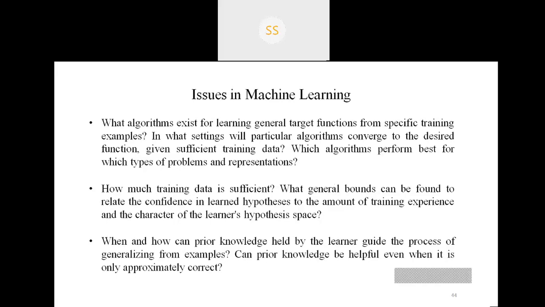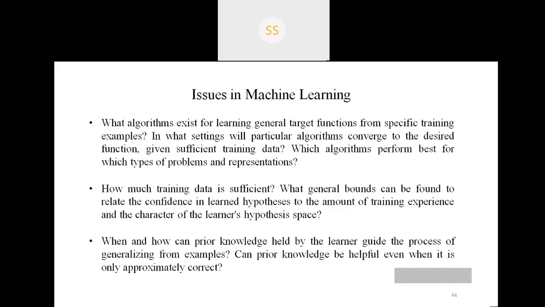The first question to ask is whether there is any algorithm that exists for learning general target functions. And if you have the general target function, in what settings will a particular algorithm converge to the desired function given sufficient training data, and among all the available algorithms, which one is going to perform better?